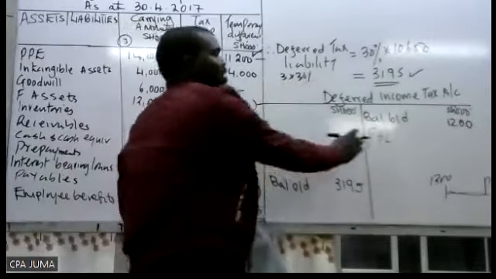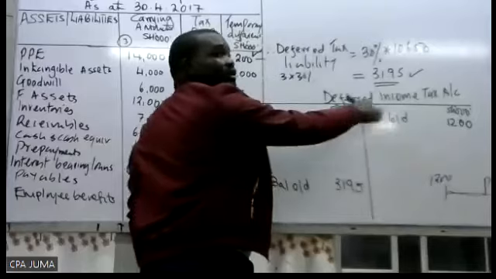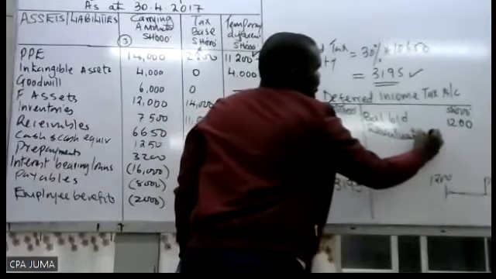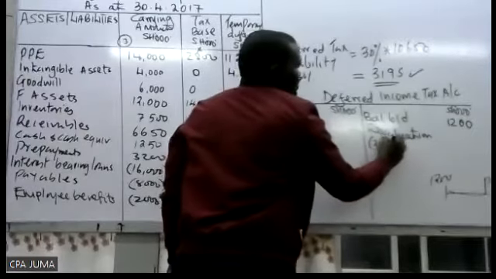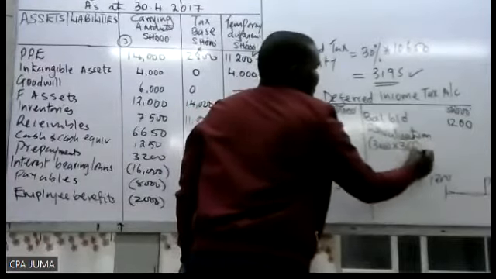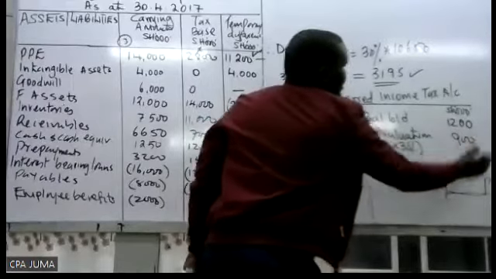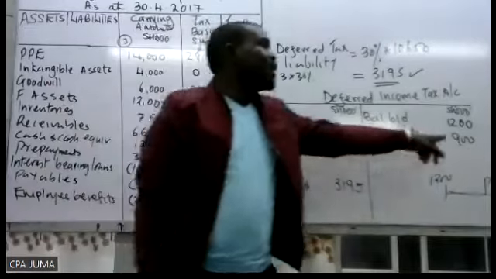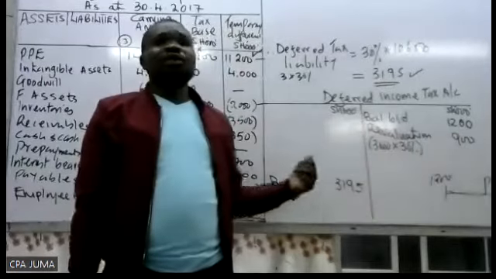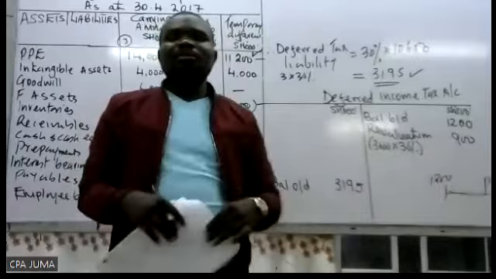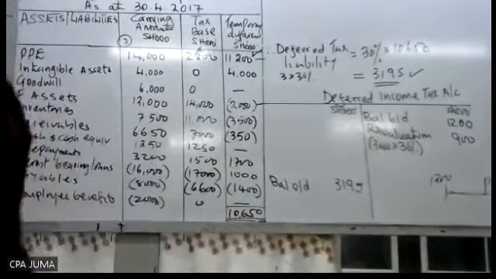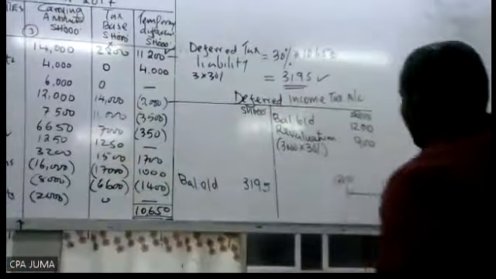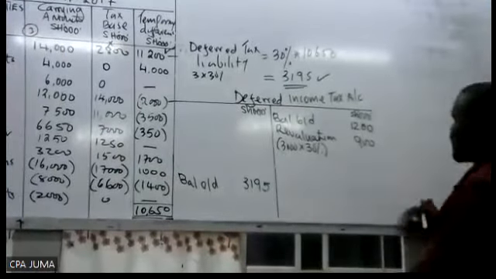But how do you subtract? You subtract by crediting the deferred tax account. So revaluation was 3, but the 3 at 30% gave us how much? 900. So inside the 3195, there is 900, which was a result of revaluation. You deduct. So I'm crediting to subtract it from 3195 so that I avoid taking revaluation elements in the profit account.